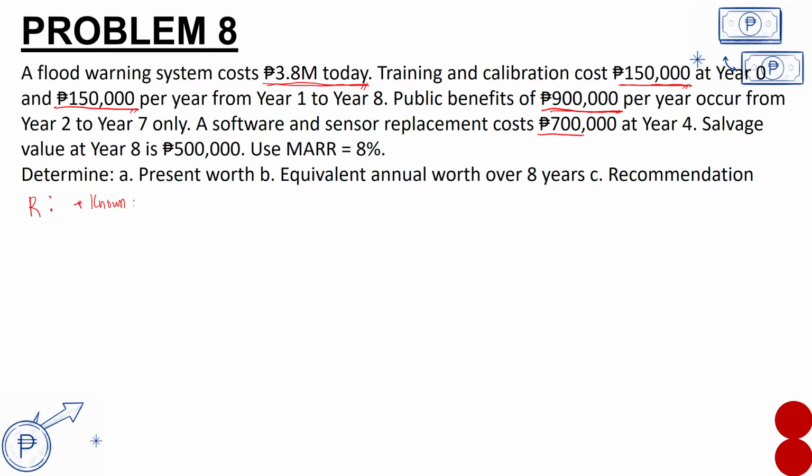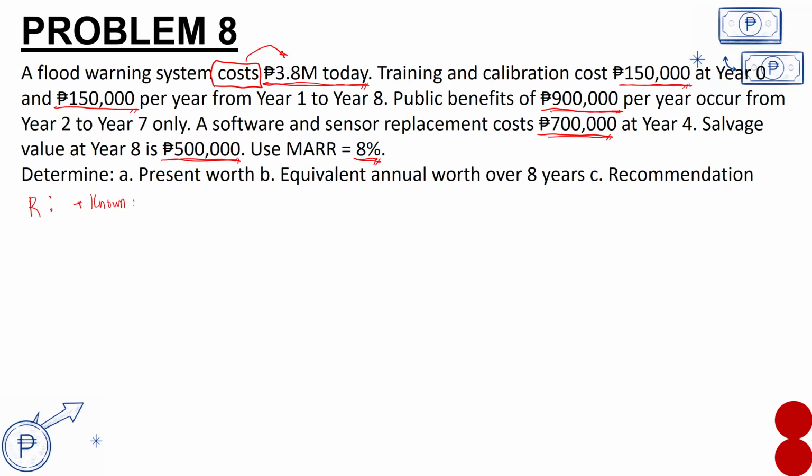We also have 700,000 pesos, 500,000 pesos, and an 8%. Now, it is not enough that we recognize each of these items. We should also identify what each of these represents. The 3.8 million is our cost. That is the cost of the flood warning system.